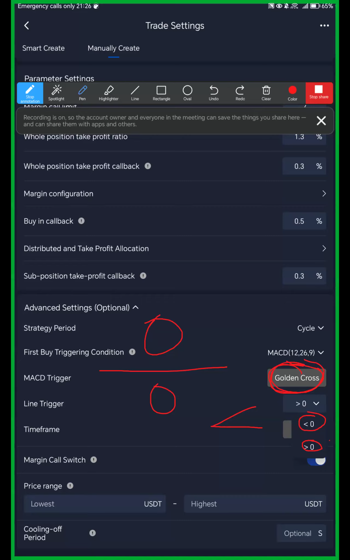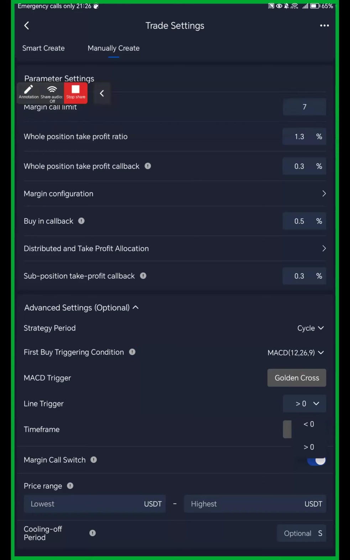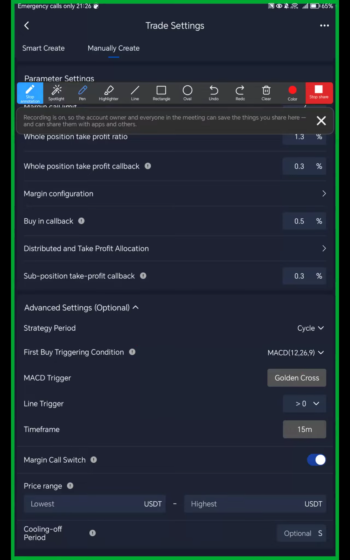Then you choose either above or below. But by default, whenever you open this section, the Royal Q robot will recommend above the 0. It will always give you this one. It's up to you to change it to be below.